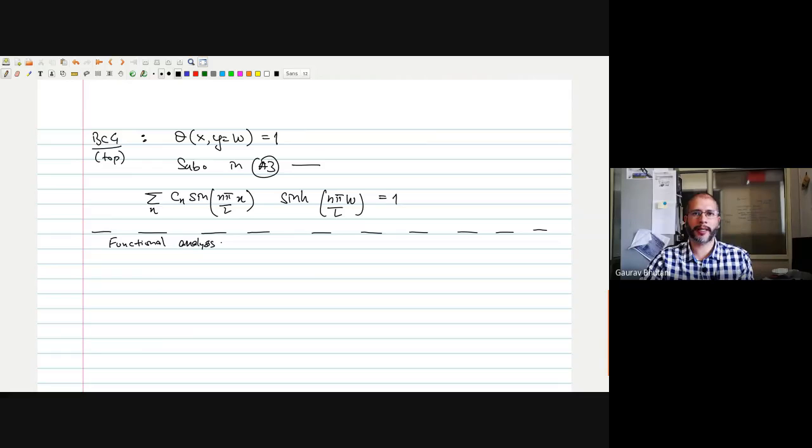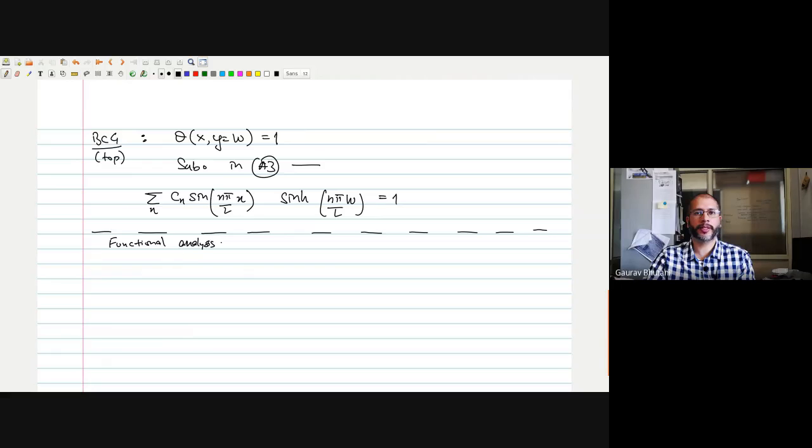So I can write a function as a linear combination of other basis functions. Have you heard about this idea in your linear algebra course? Yes, sir. Good.